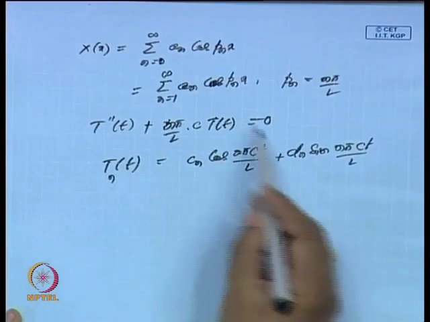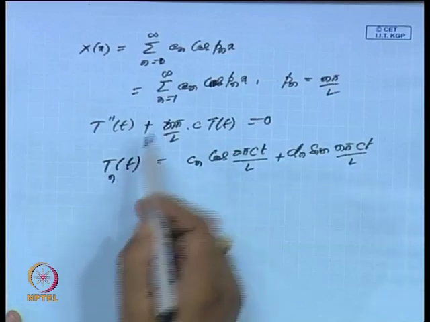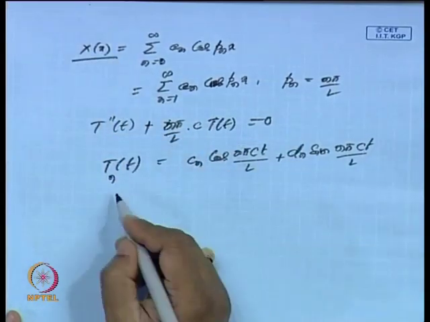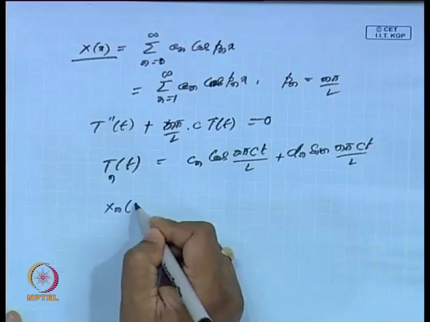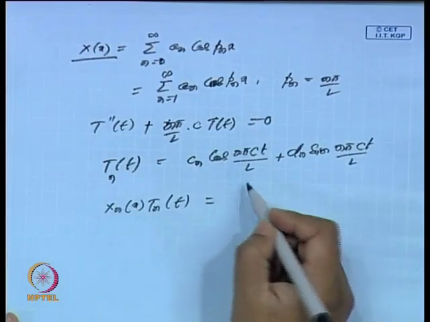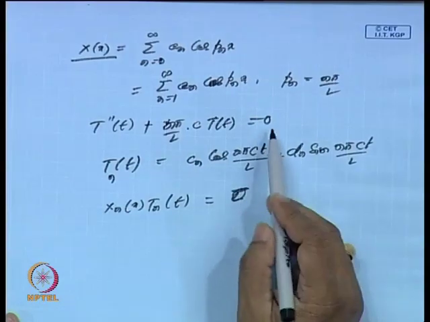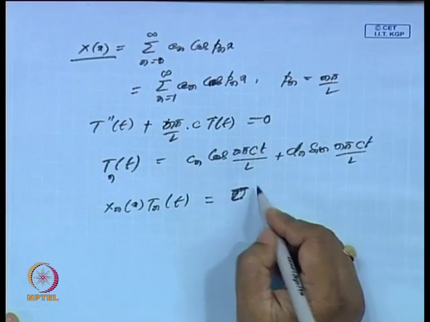So, if I combine this with X(x), then what will happen? If I look at the individual X_n and T_n, X_n into T_n also will be a solution, that will give me X_n(x) is a_n into c_n.